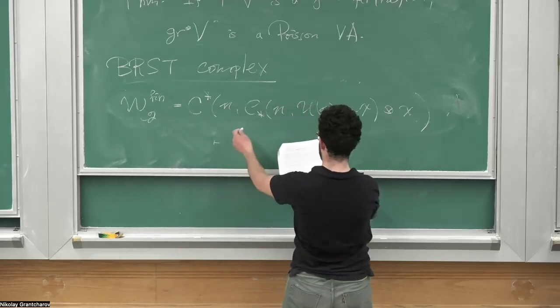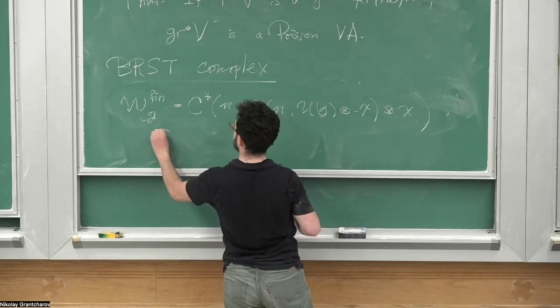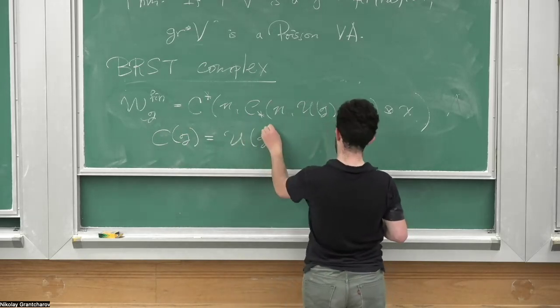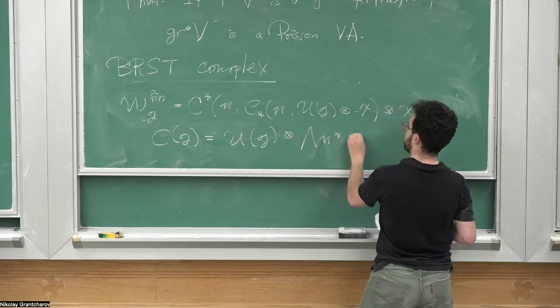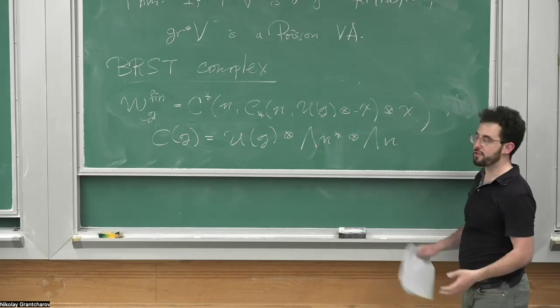So we can do the same game as we did in the affine case, which is write a double resolution for that. So for C(g), it's going to be U(g) tensor, tensor N. And then we have to compute the differential and everything.